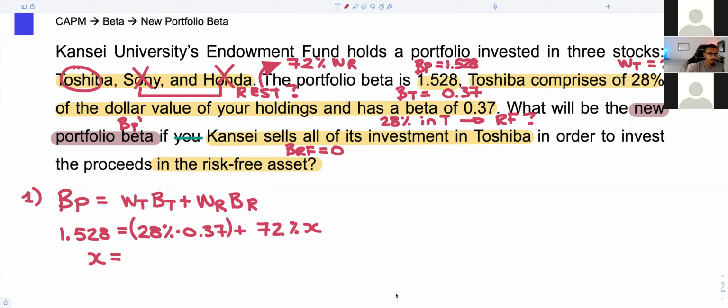Yeah, so what is our beta for the remainder of this portfolio? What is it?